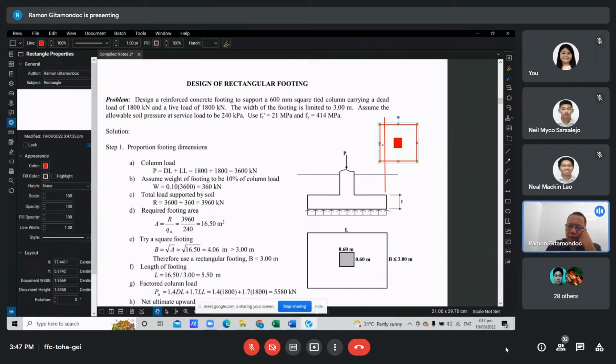And ang atong mahimo to maintain the footing area, ang atong width mo narrower, ang atong length mo longer. So, mo resulta na siya rectangular footing.